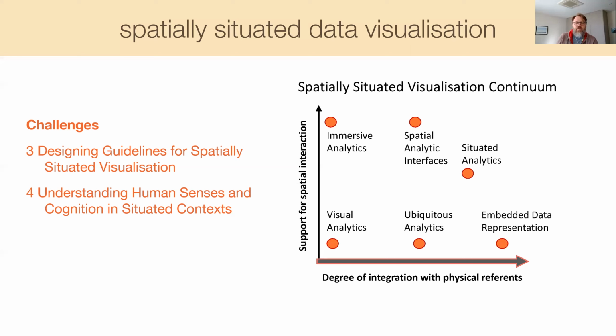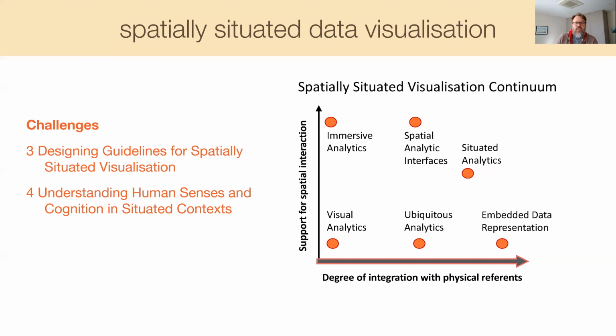There are a fair number of studies that have looked at support of spatial interaction. The work that I mentioned by Billinghurst and the personal cockpit really shows that there are some advantages of head motion. But we don't have a complete picture of that yet. How does embodied interaction really support sense making? I think it's an ongoing task, and we need a large collection of studies to really demonstrate this, and more targeted studies in future.